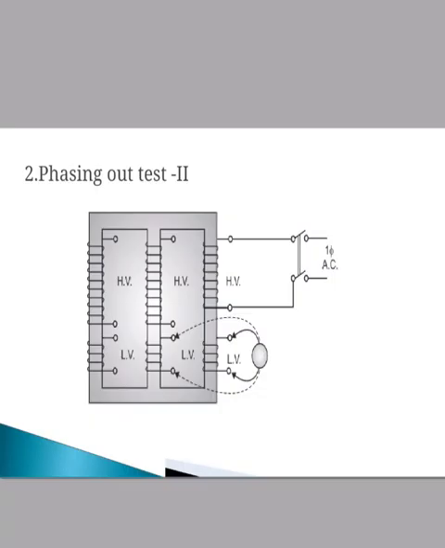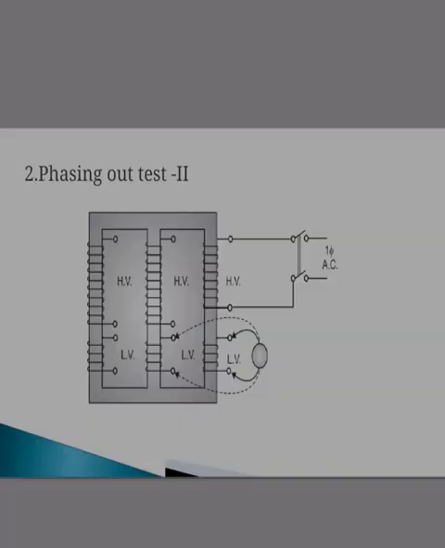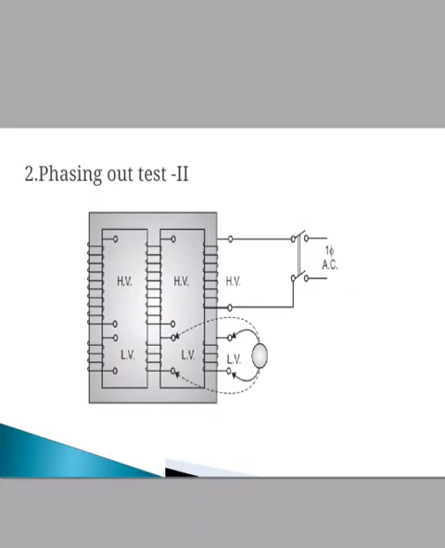Then we measure the voltage across the three LV phase windings. The winding across which the voltage is higher compared with the other two windings represents the secondary of the winding to which the supply is connected. This is another method to find out the phases in the transformer.